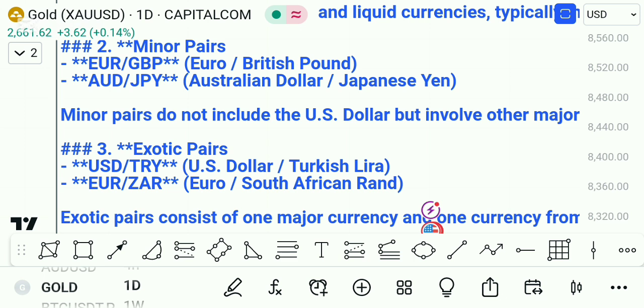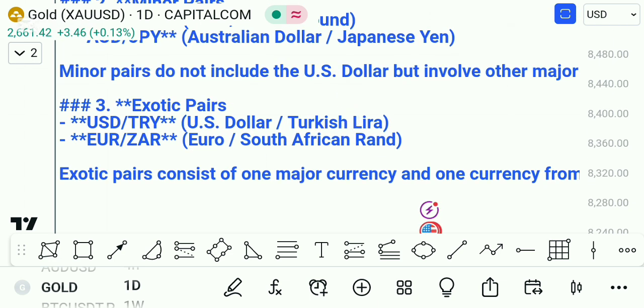And the number 3 pairs that you guys have to take note of is the exotic pairs. The exotic pairs are those exotic currencies. Once we pair them with the major currency, they are exotic. We have the rupees and all of that. When we pair them with any of those major currencies, we have the rupees. For instance, we have the United States dollar against the Turkish lira, euro against the South African rand.